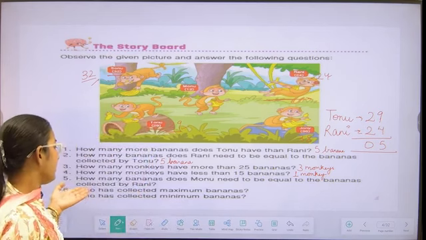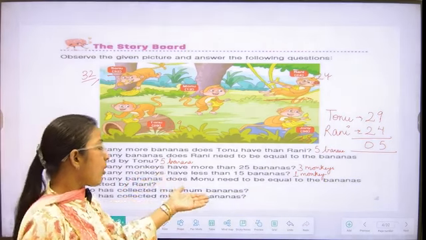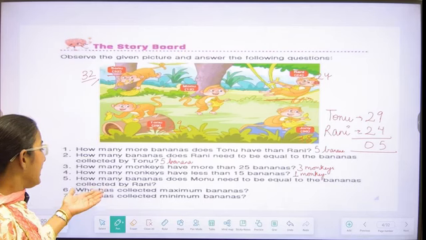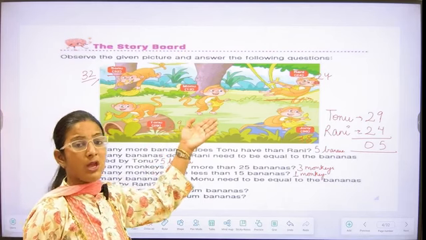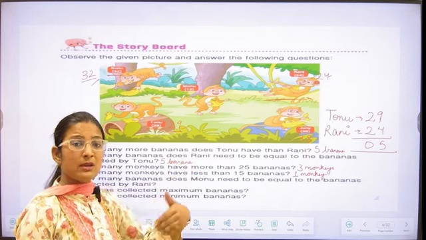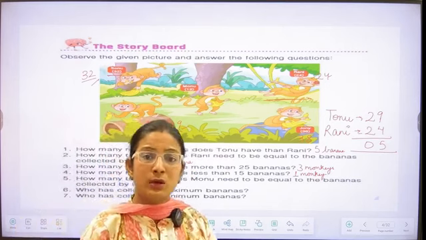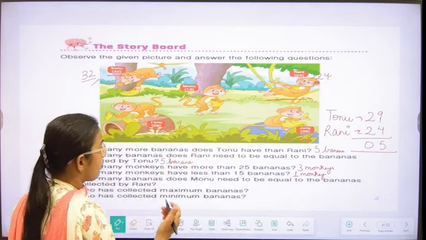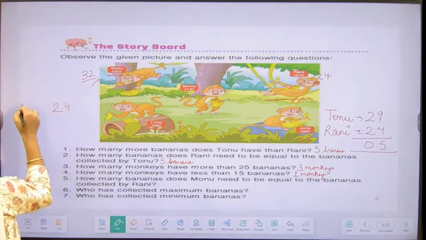In the fifth one, we have to say how many bananas Monu needs to be equal to the bananas collected by Rani. So Monu has 12 bananas. Now Monu has to collect how many more bananas to make his bananas equal to Rani's. Let's do it with me. Rani has 24 bananas.